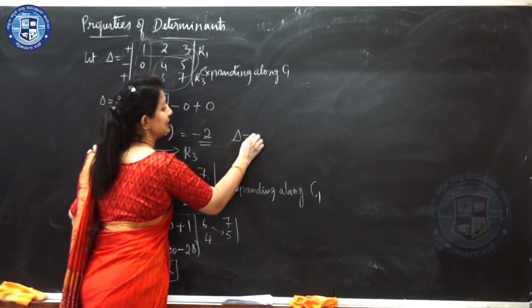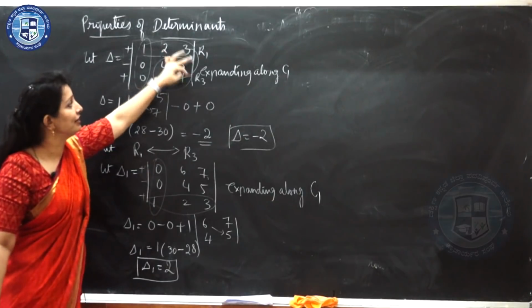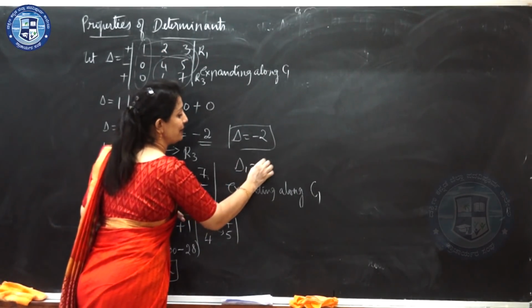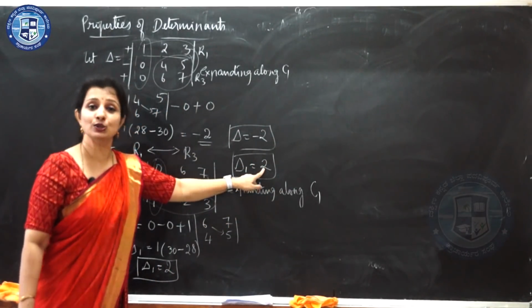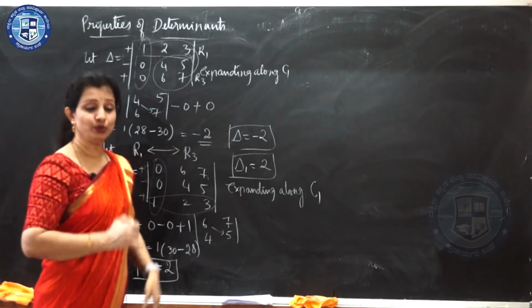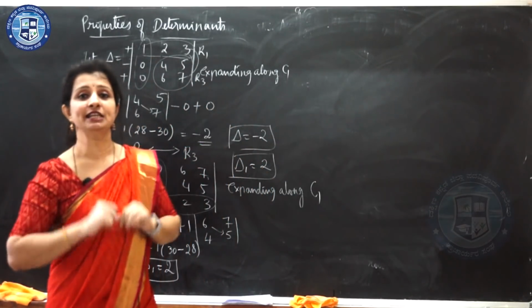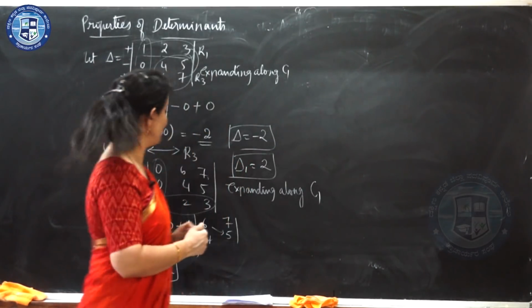We got delta as minus 2 and after interchanging R1 and R3, two rows, we got delta 1 equal to plus 2. One is minus, other is plus. So what does this indicate? If you interchange the 2 rows or 2 columns, then the sign of the determinant changes. That is our second property, students. Please make a note of this.